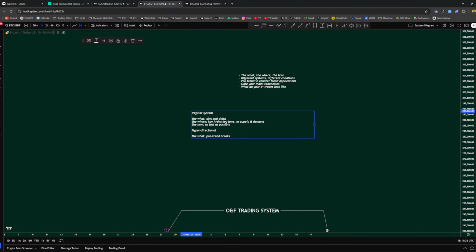This is a continuation, momentum-based strategy, right? Which is very rare. Okay, so the market is usually range-bound, as most of you know. So I'm normally operating the regular system, as I said, 70 to 80% of the time. But I will flip over and administer this hyper-directional system when we're in raging bull markets or nuking markets.